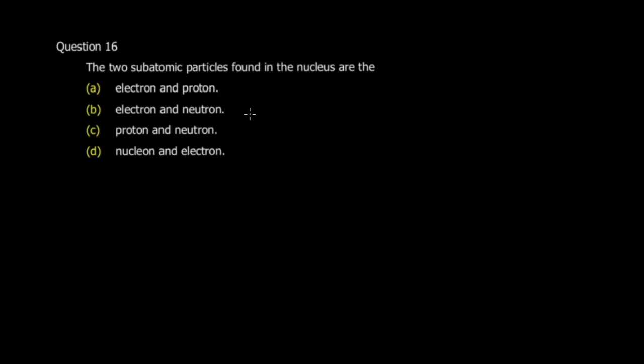Next part says the 2 subatomic particles found in the nucleus are. Found in the nucleus means they're also called nucleons. So they can ask you, what are the 2 types of nucleons? Nucleons is the general term. It simply means residents of the nucleus.